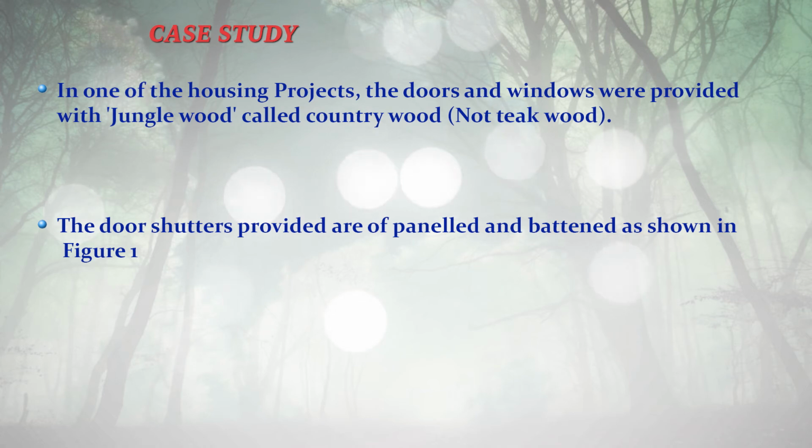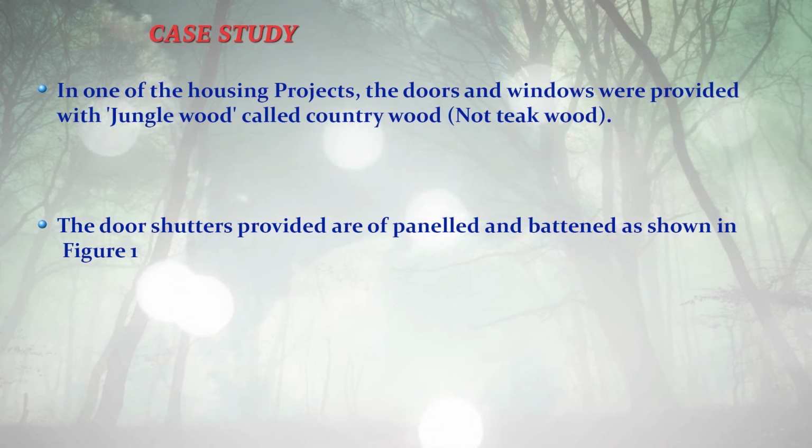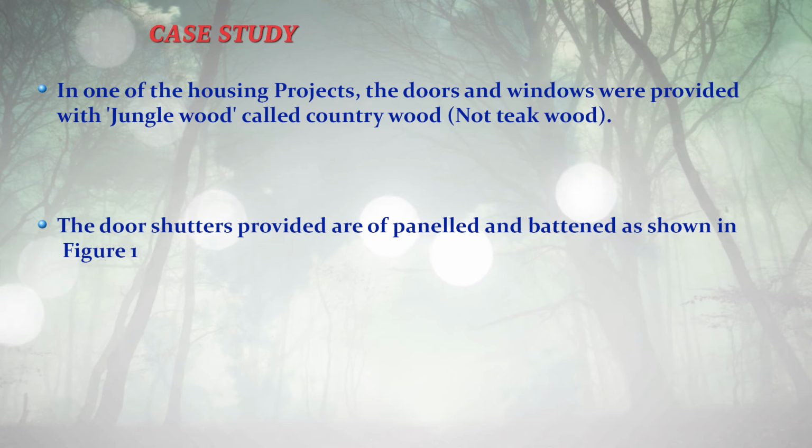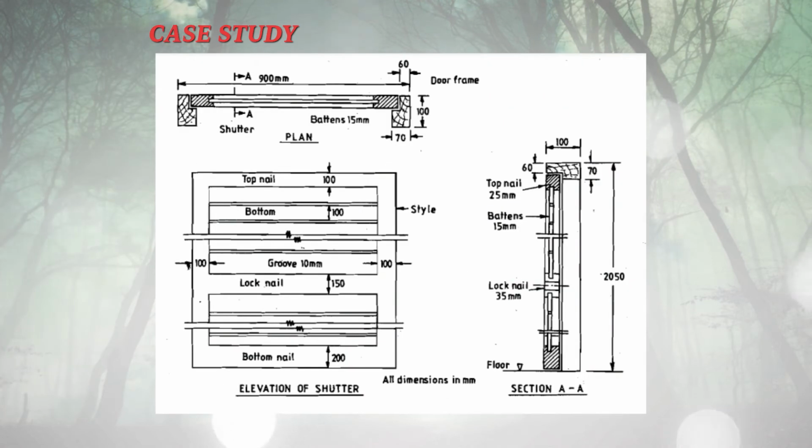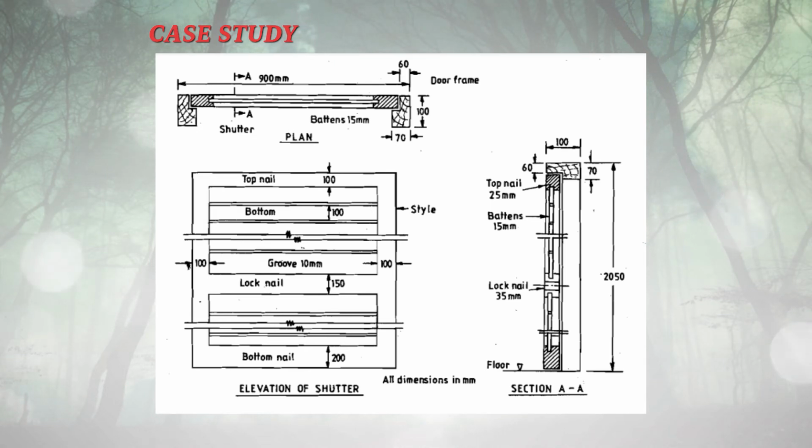The door shutters provided are panelled and battened. You can see the section and elevation in the figure here. This is the figure: you see the plan and the elevation of the shutter and also the section at AA. So this is the plan and elevation and the sectional elevation of the frame for the door.